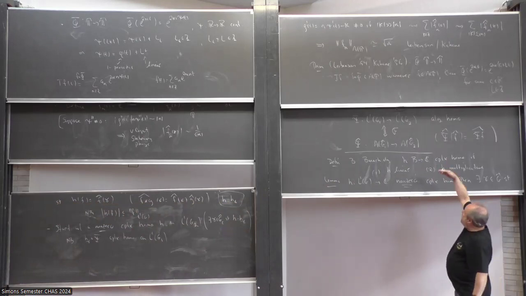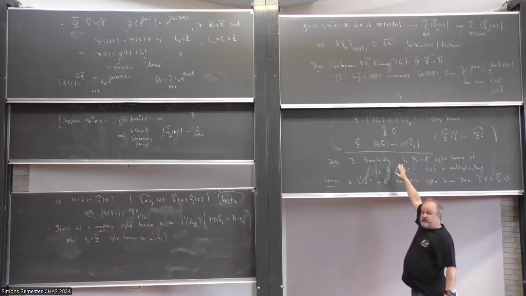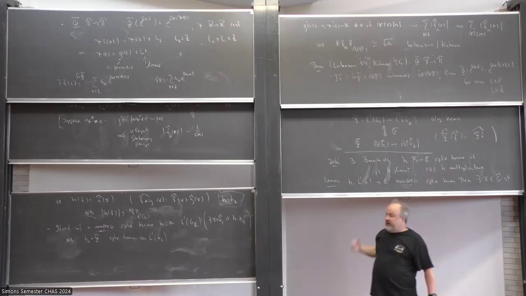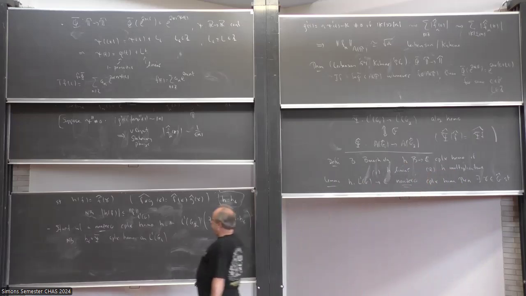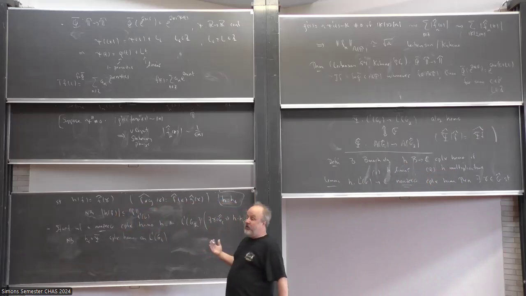So if I have a homomorphism on L1 of G2, composing with psi gives me a complex homomorphism on L1 of G1, because psi itself is an algebra homomorphism. It preserves multiplication and the additive structure. So this composition does. Now, this could be zero.